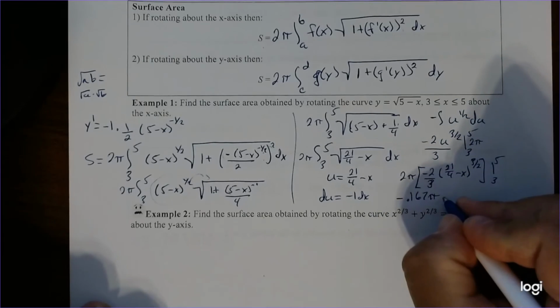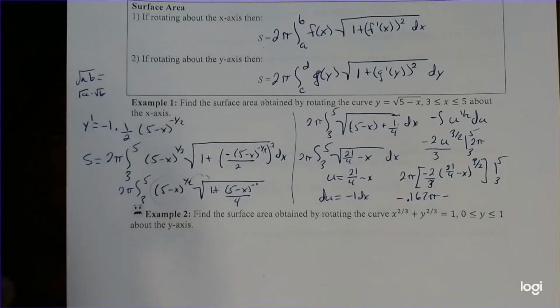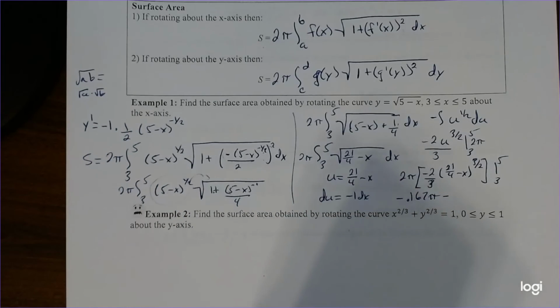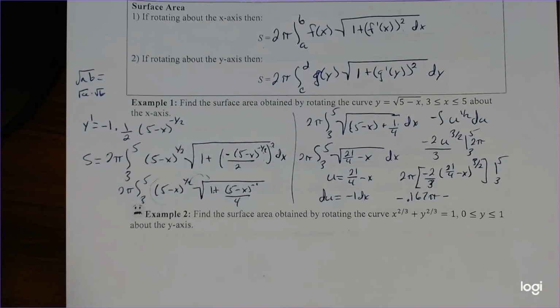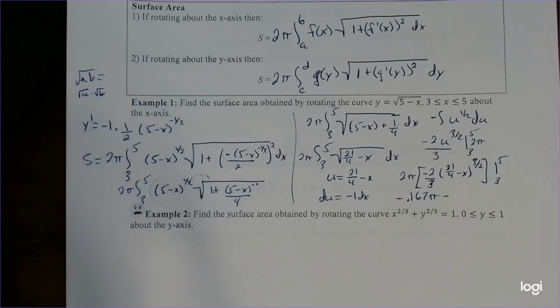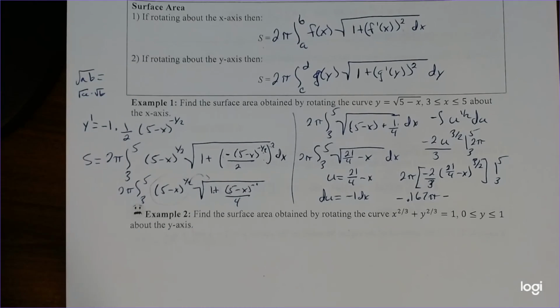Then we plug in 3 there: 21/4 minus 3 raised to the 3/2 power, times -2 divided by 3 times 2 pi.